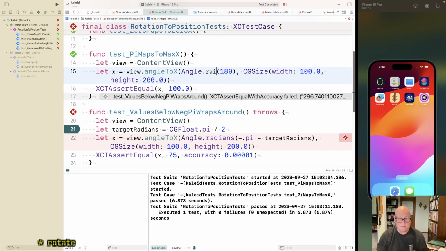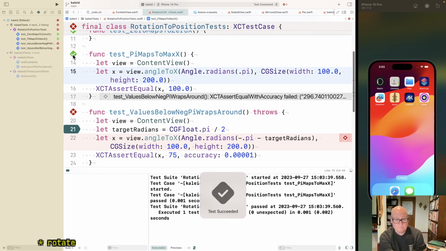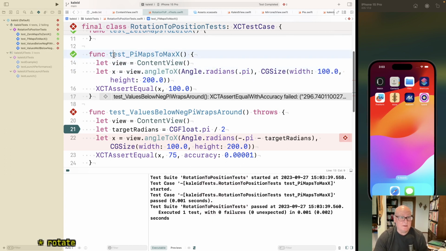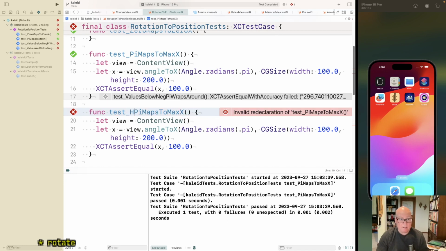I don't know if I can say radians dot pi. Okay, and this test should be unchanged. Okay, and then I want to test that half pi maps to mid x. Okay, so this should be 75.